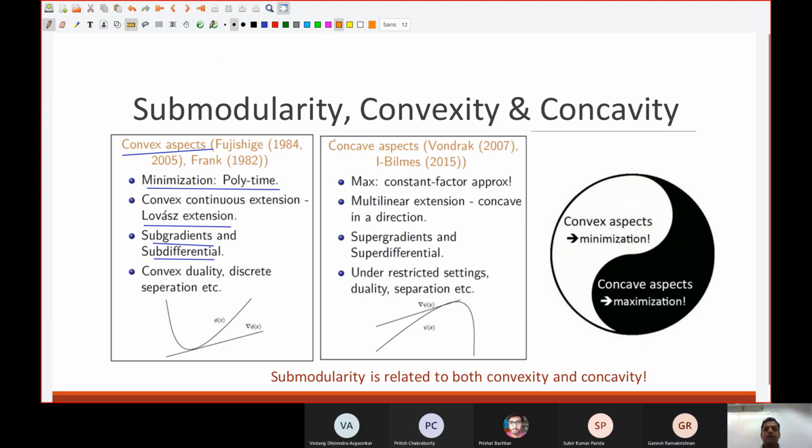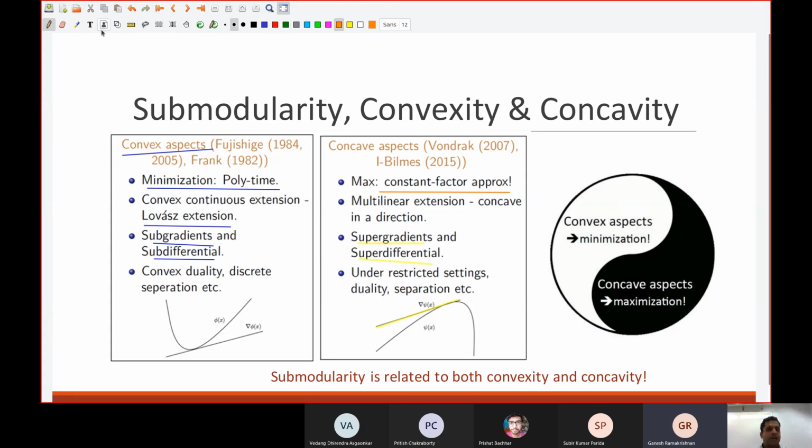Whereas for concave, constant factor approximation algorithms for maximization, there are also extensions which are multilinear in a direction. Instead of subgradients, you can now talk of supergradients. This is an example of a supergradient. It's subtending from the top. And under certain restricted settings, you can also talk of duality.